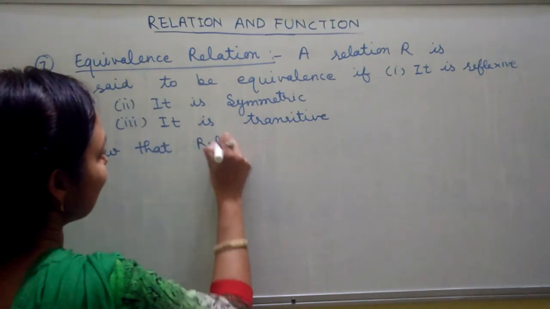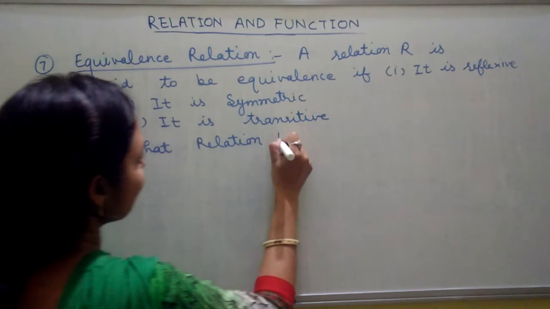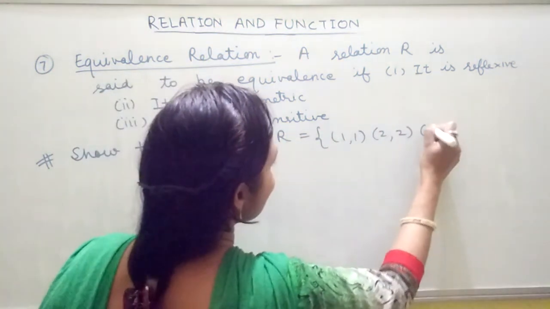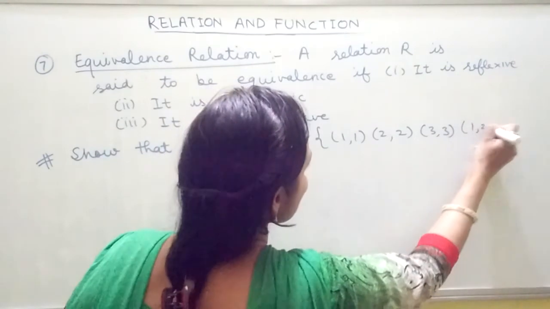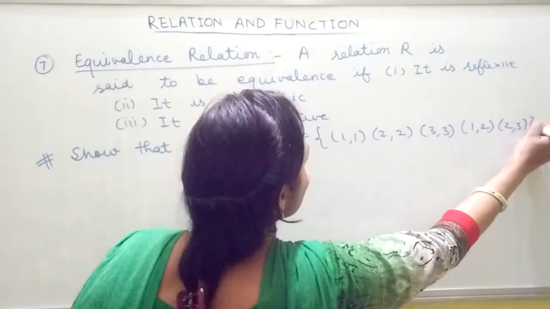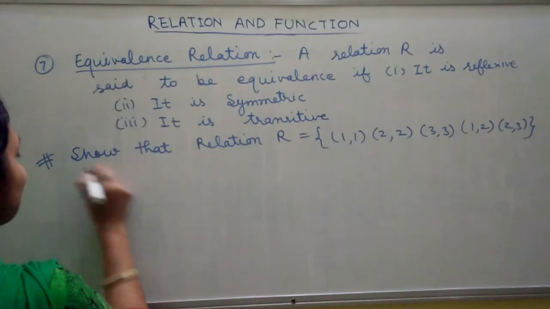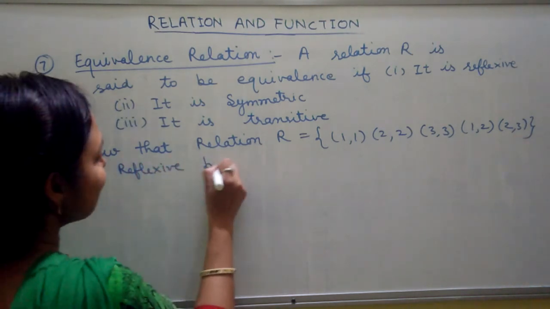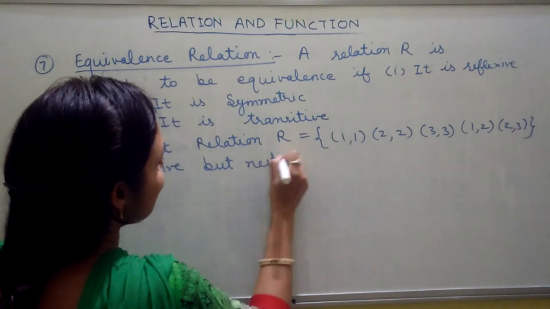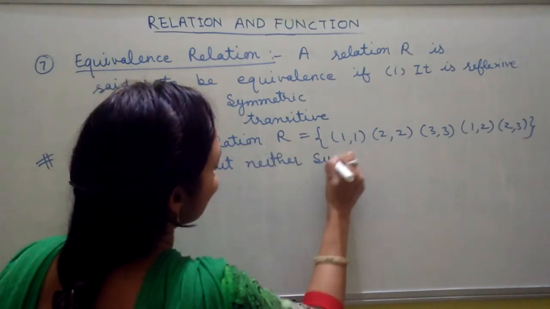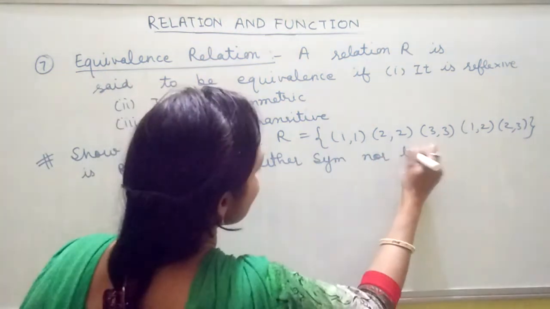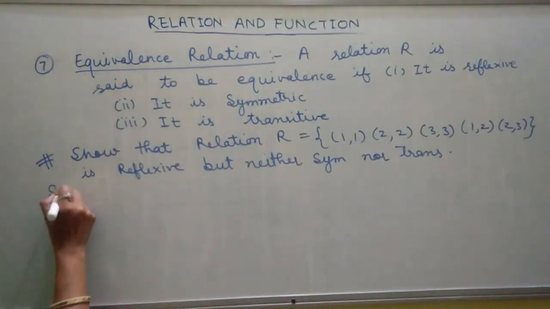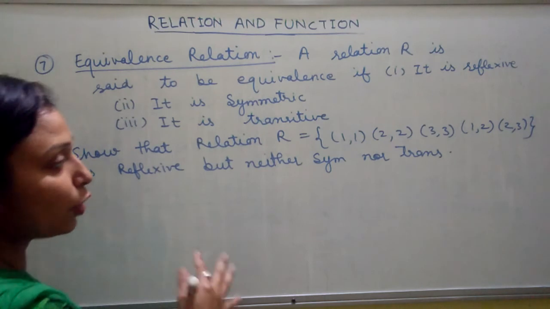Now question: show that relation R, that is {(1, 1), (2, 2), (3, 3), (1, 2), (2, 3)}, is reflexive but neither symmetric nor transitive. Question demands to show that. So how to do the solution?